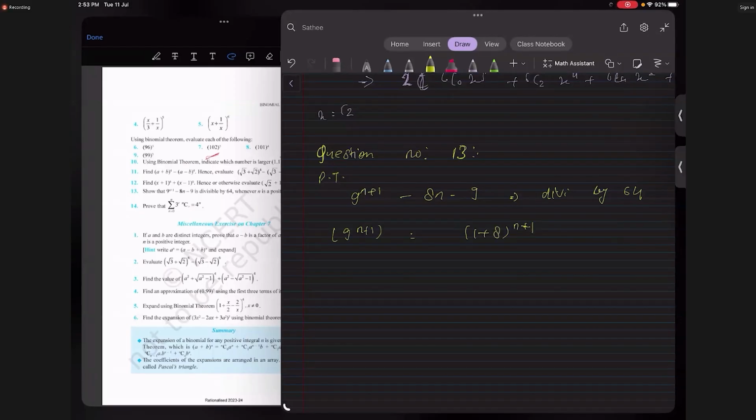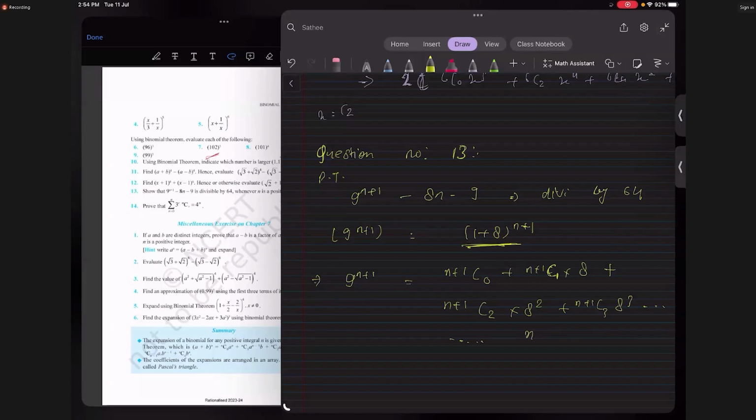Now we can expand this term. So 9 to the power n plus 1 equals n+1 C0 plus n+1 C1 into 8 plus n+1 C2 into 8 square plus n+1 C3 into 8 cube, and so on.